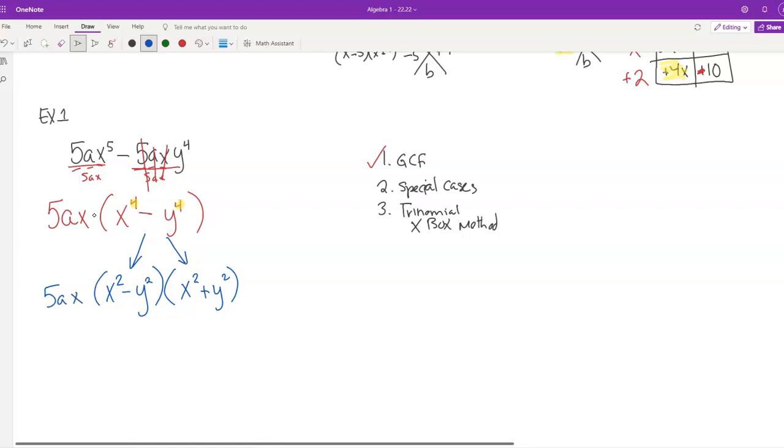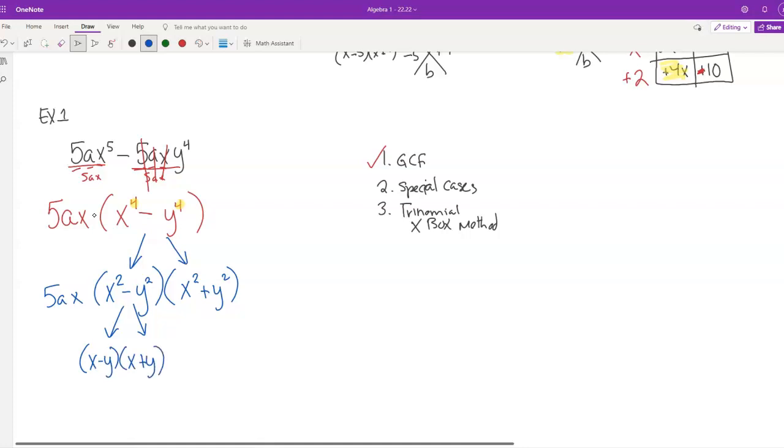Now again, you ask yourself, am I really done? Because while this is not a difference of squares, I still see another set of perfect squares in here. So I can break this one down even further, okay? All right, so now this can be x minus y, x plus y.